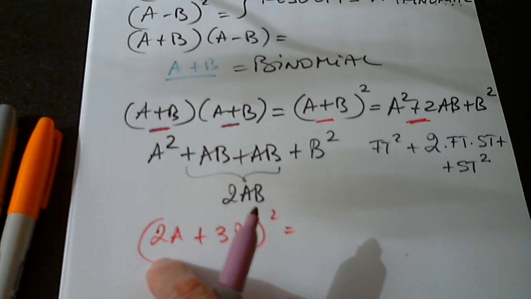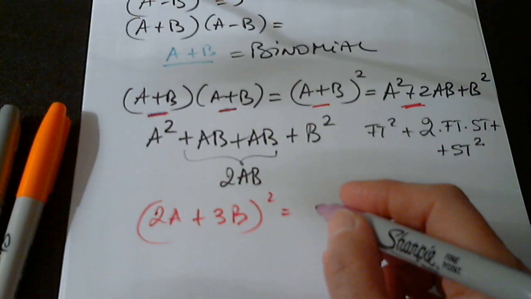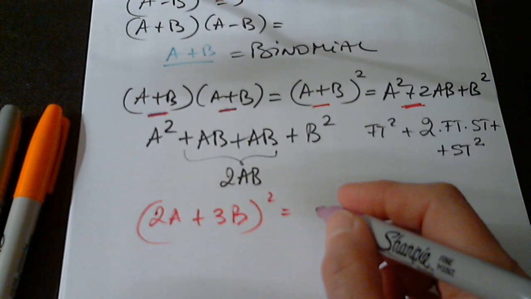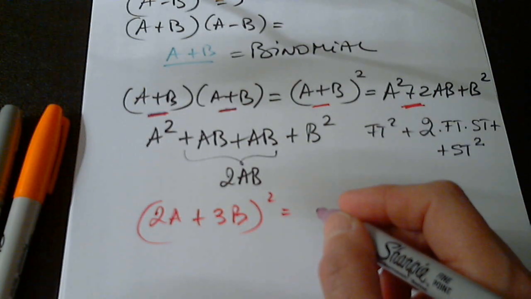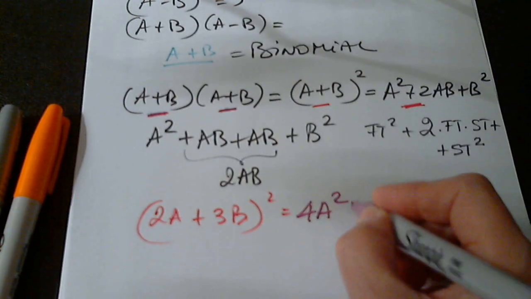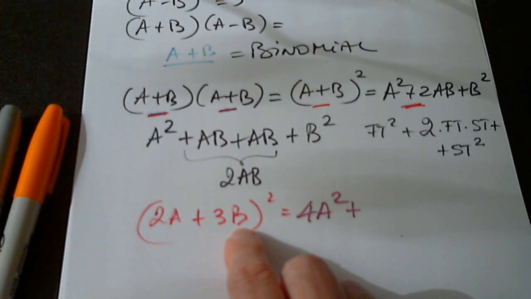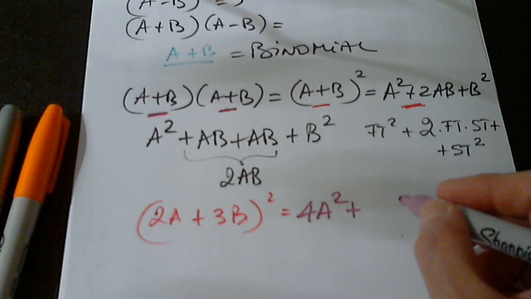I refuse to believe that. 2a squared, which is? 4a squared. Good. Plus 2 times the first times the second. Multiply these two and multiply by 2. What do we get?